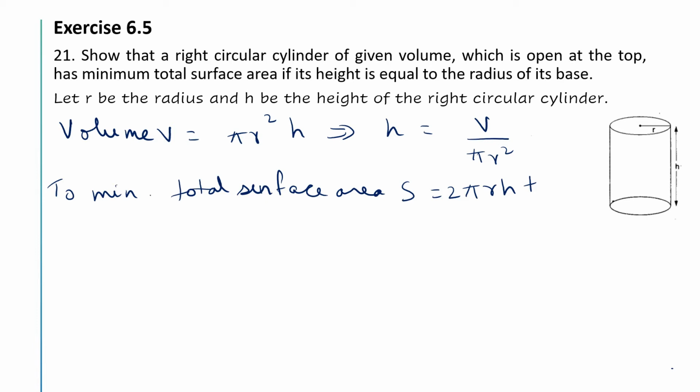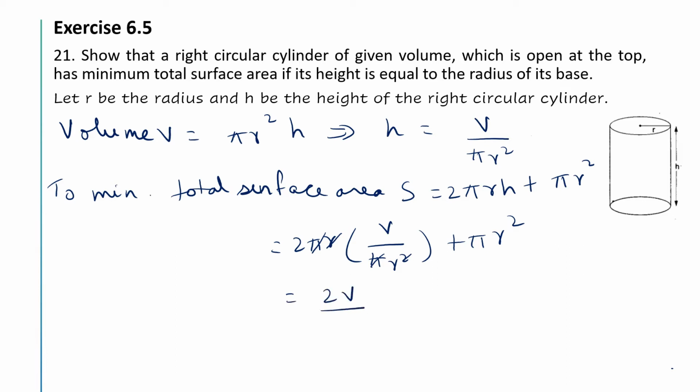So it is 2 pi R H plus pi R square, or this is equal to 2 pi R into H, which is V divided by pi R square, plus pi R square. So this is equal to 2V by R plus pi R square.